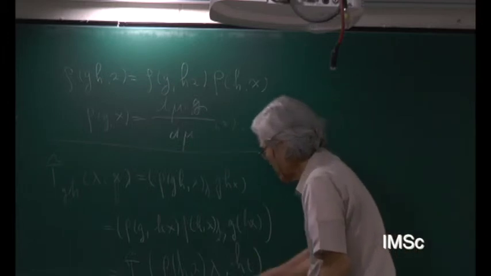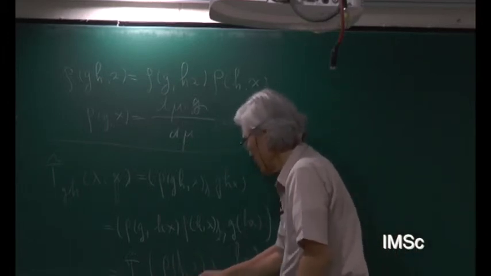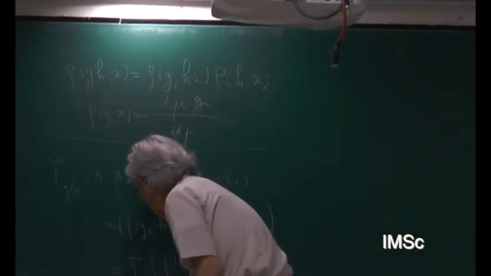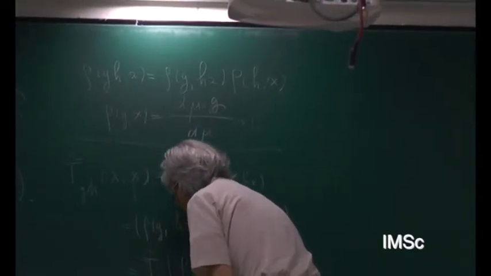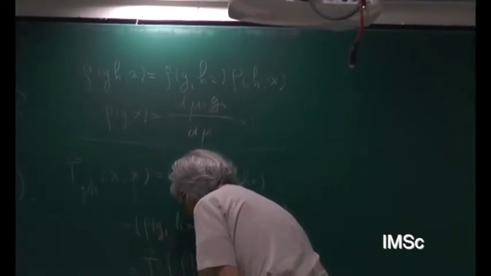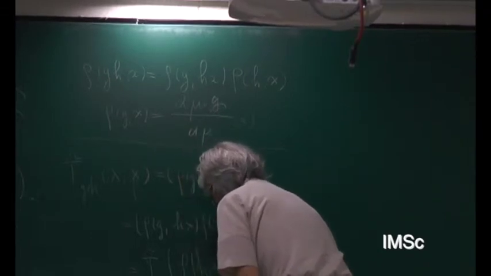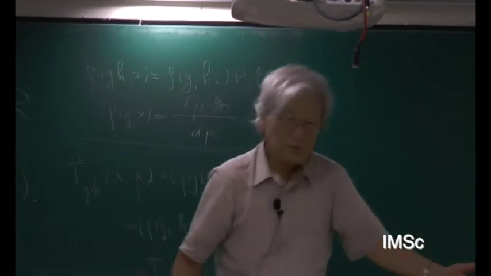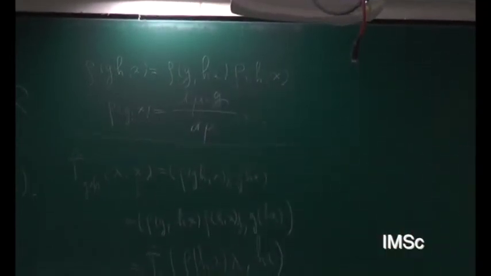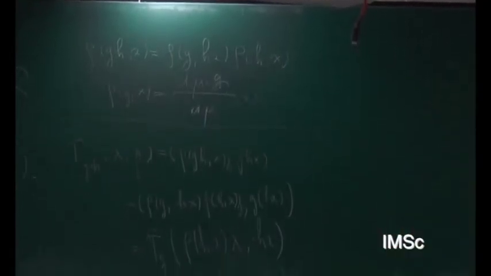And then this is by definition T tilde h of (lambda, x). So very nicely behaving. You can't expect anything better.